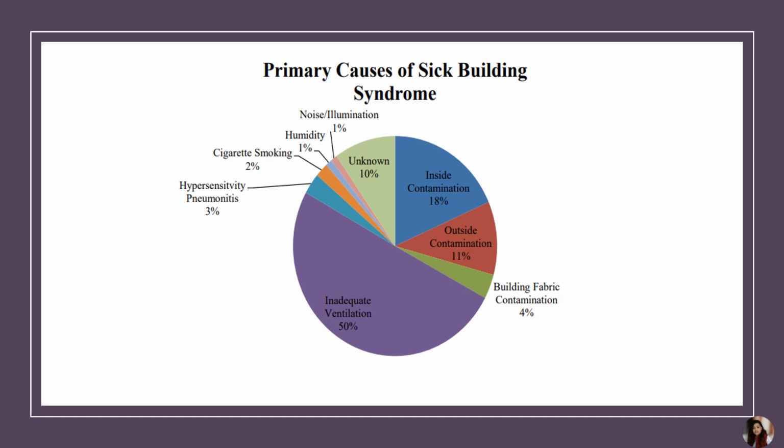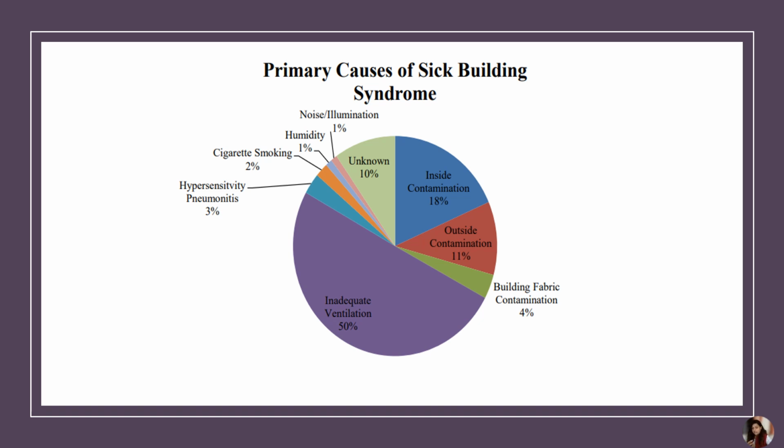So what are the primary causes of sick buildings? If you can see, inadequate ventilation accounts for around 50%. That means around 50% of the solution is having proper ventilation, that is HVAC. After that, we have inside contaminants, which I am also calling bioaerosols, just like aerosol particles.